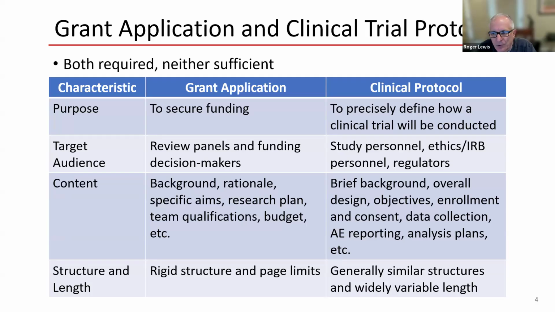The budget is reasonable, the costs are justified, etc. Because these documents are intended to be part of a fair but competitive process to seek funding, there are rigid structures and page limits. I mean, you've all seen this. You're allowed exactly this many words or pages for different sections.